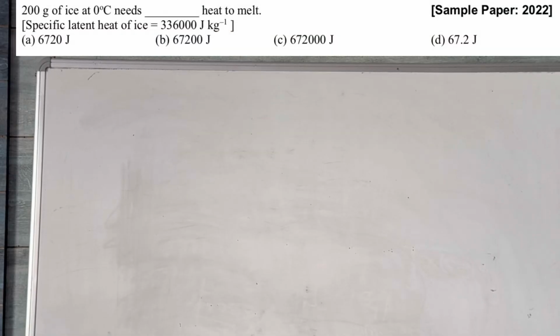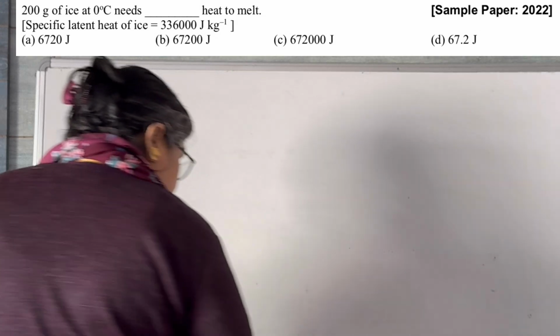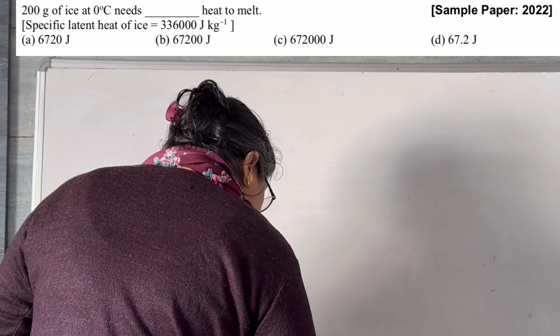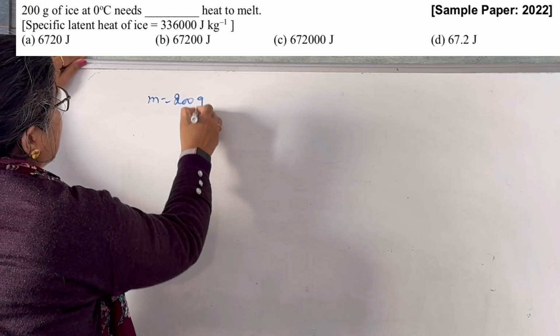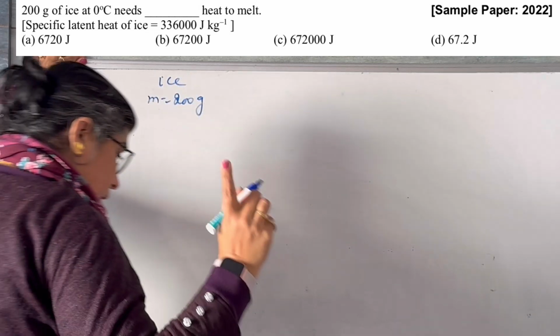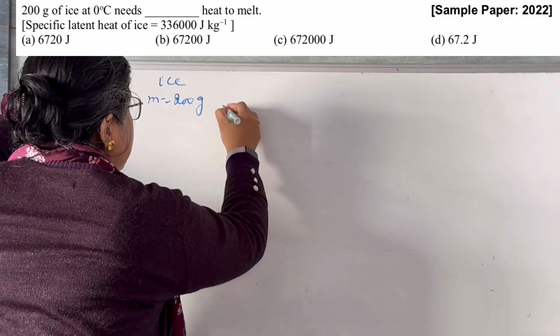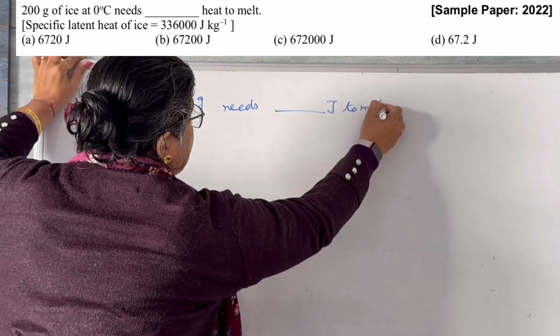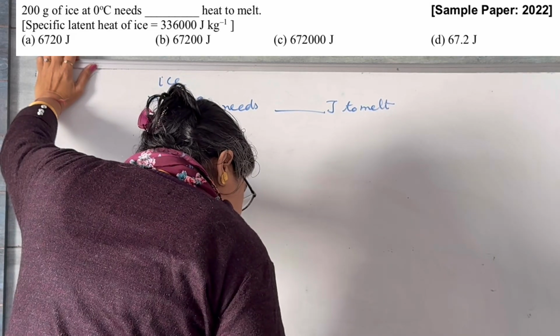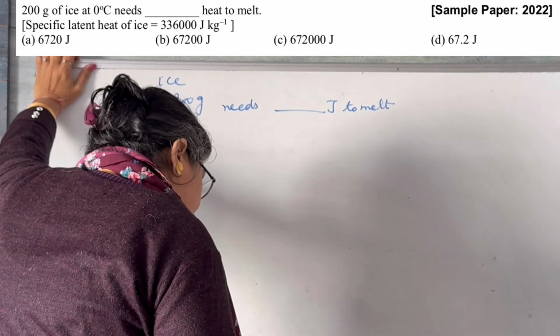The next question is from the sample paper of 2022. It's a very simple question. He is asking you: 200 grams of ice needs dash joule heat to melt.